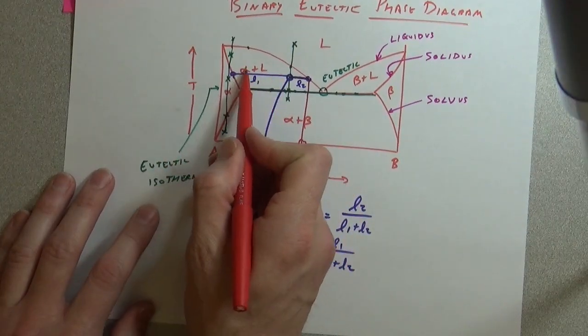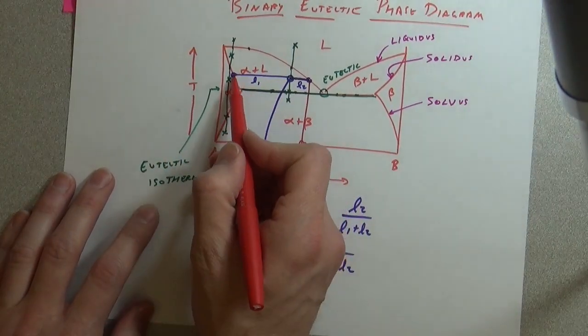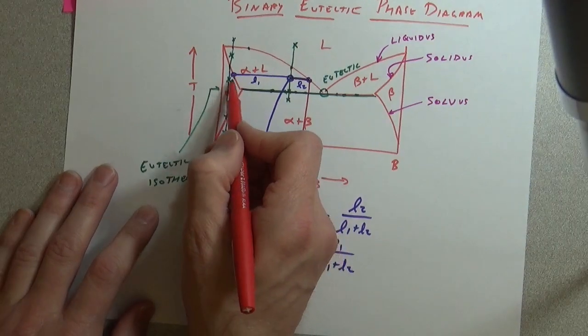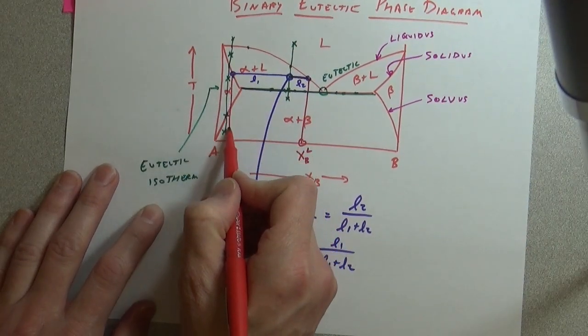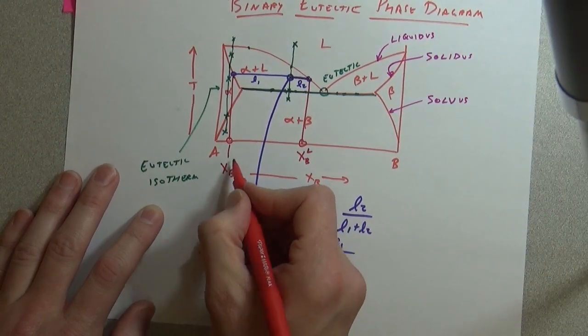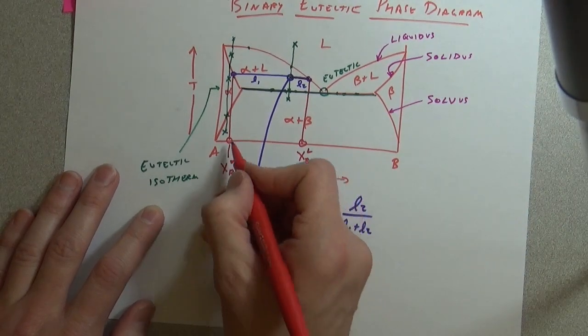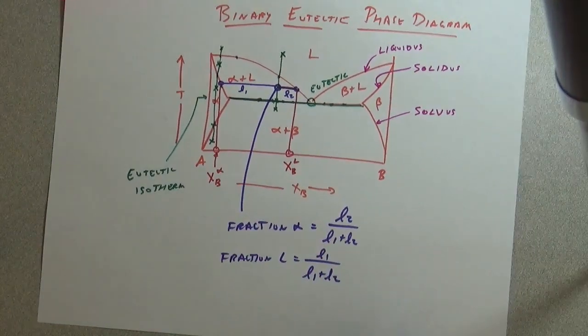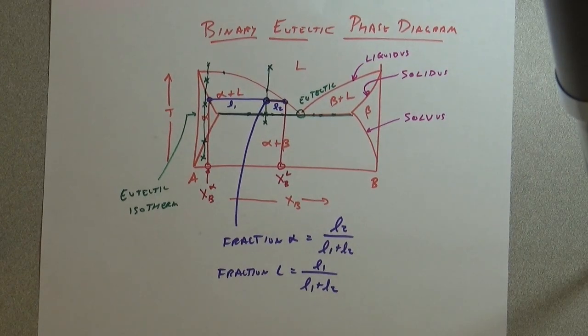And then the composition of my alpha phase is where I touch the solidus and draw that down here. And that is XB alpha. And this is the binary eutectic phase diagram.